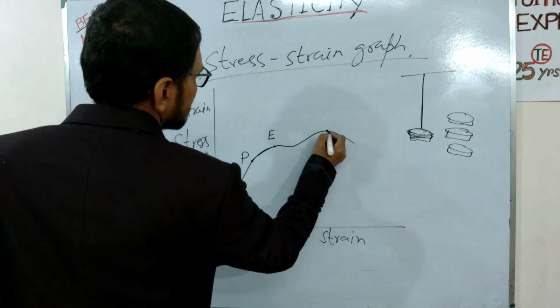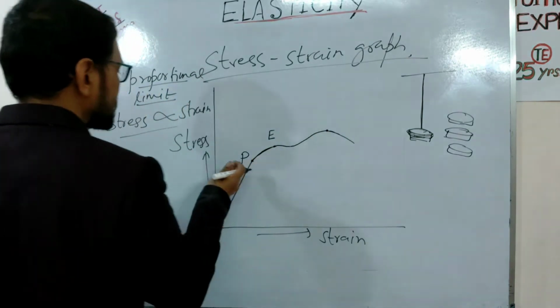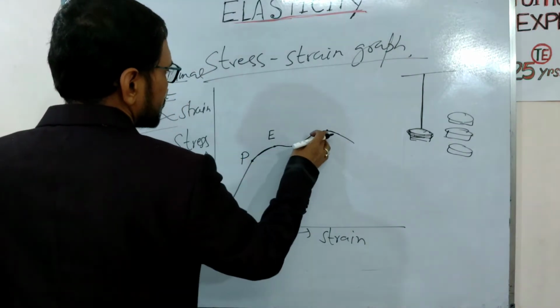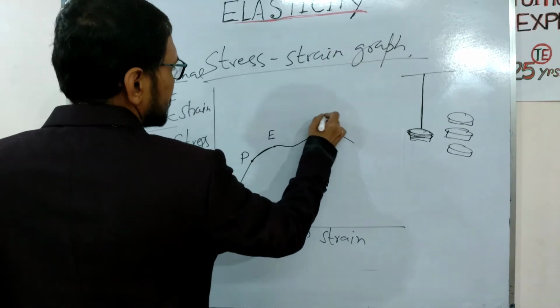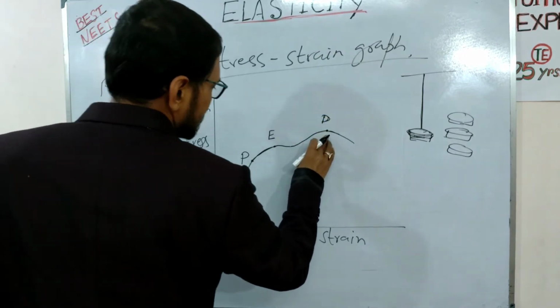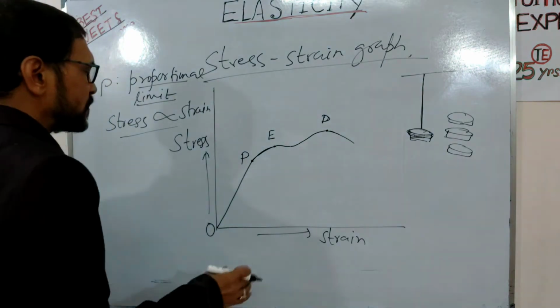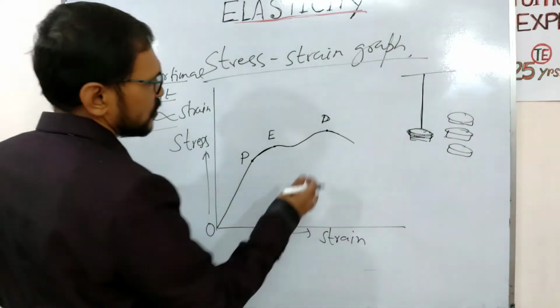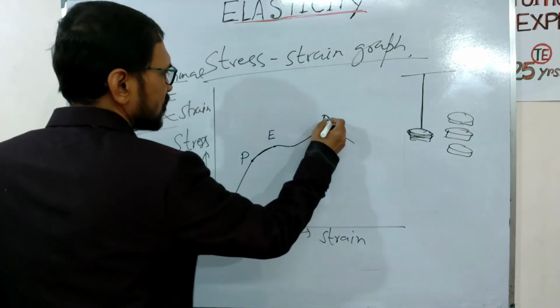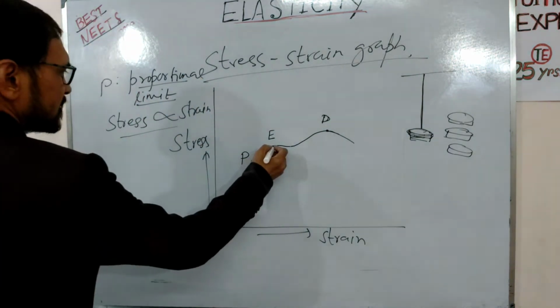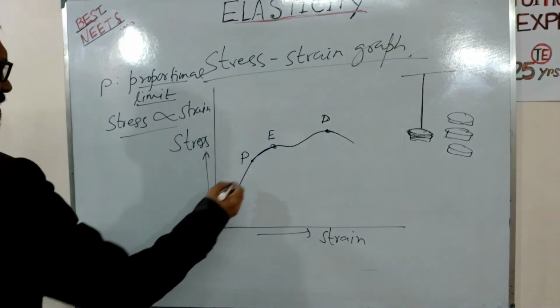And after this, fracture. The body can bear the maximum stress at this point. After that, stress is lowered. Even if an external force is applied, the stress is lowered, so this is the maximum stress or ultimate stress. So at the point E, this is the elastic limit.